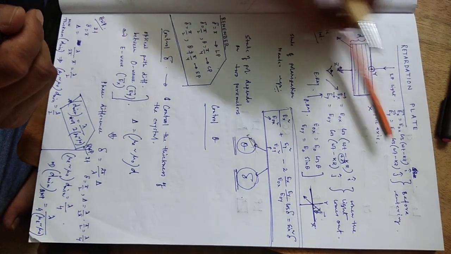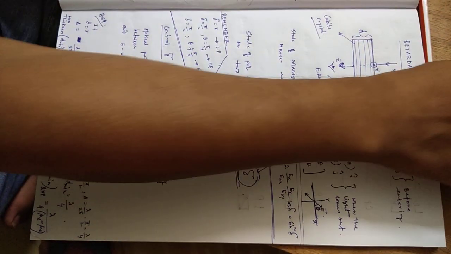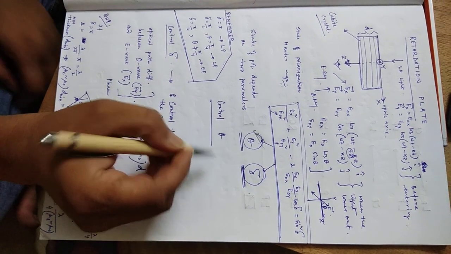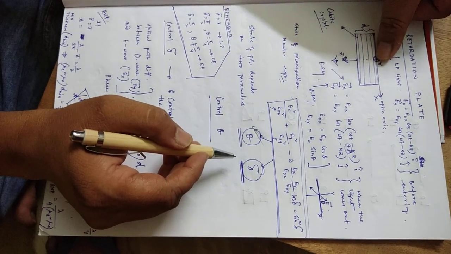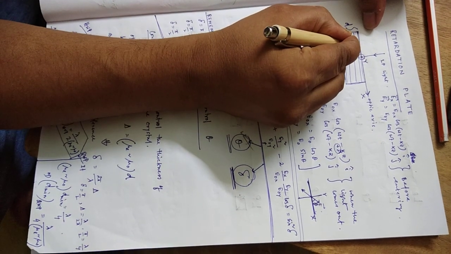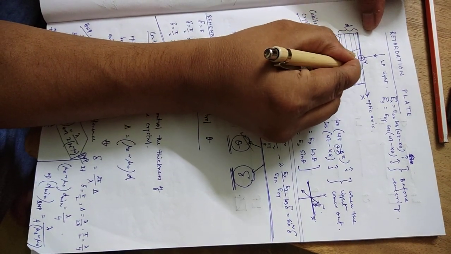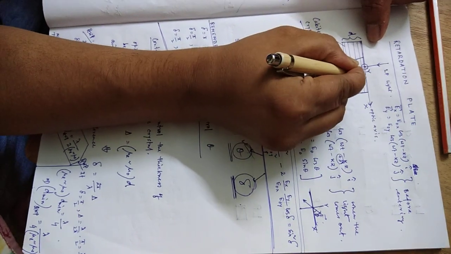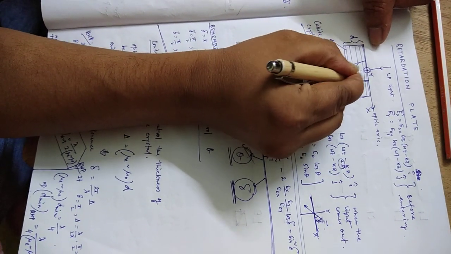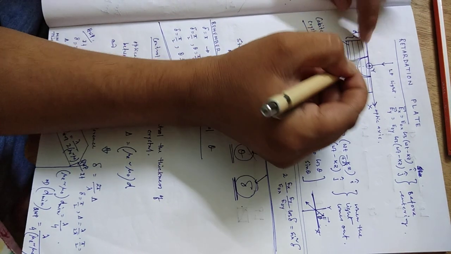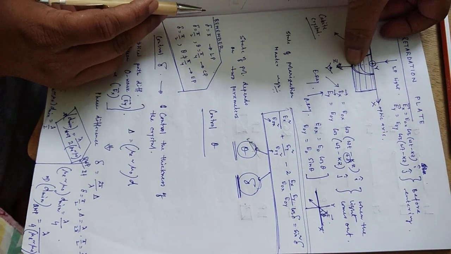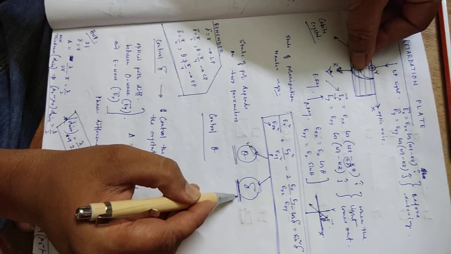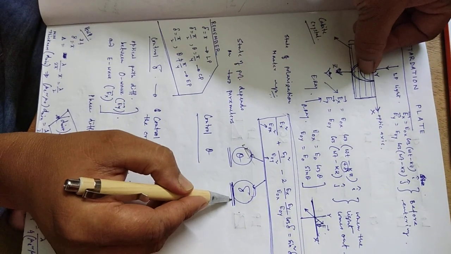Now, how to control delta? If we want to understand how to control delta, we need to understand why this delta comes. This delta comes because the O wave surface is circular in nature, and the E wave surface is elliptical in nature. So the O wave and E wave travel through this crystal, and as long as they travel, they will keep on acquiring this phase difference between the O ray and E ray.